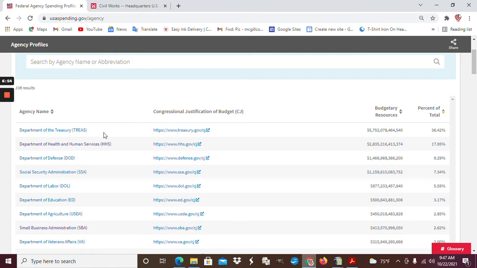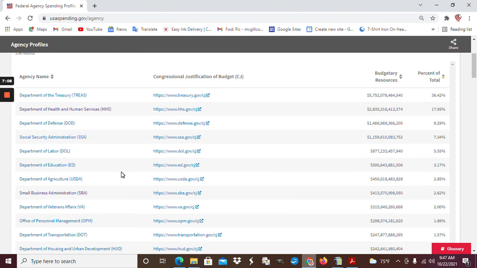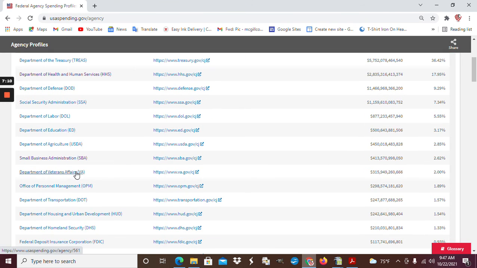You want to follow the money. This is what you want to do. You want to come here. Can't stress it enough. You definitely want to get to know these agencies. Look here, you got the Department of Veterans Affairs. They're at 2%, $315 billion, and we know they spend a lot of money on some of everything.